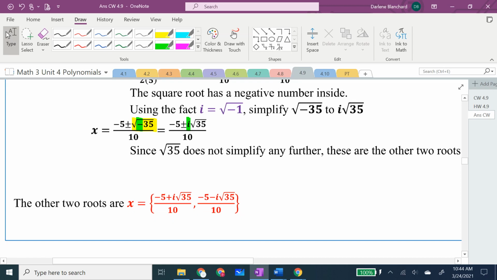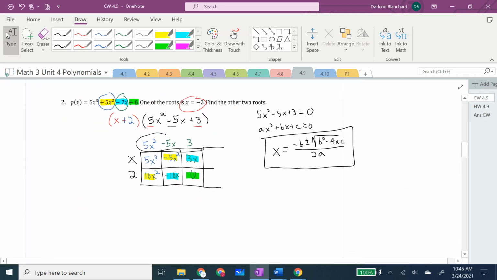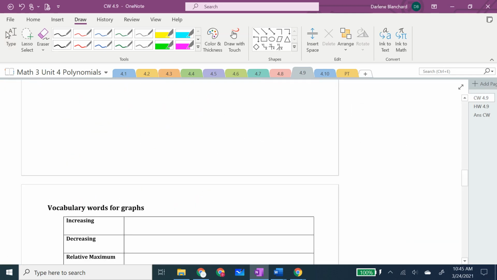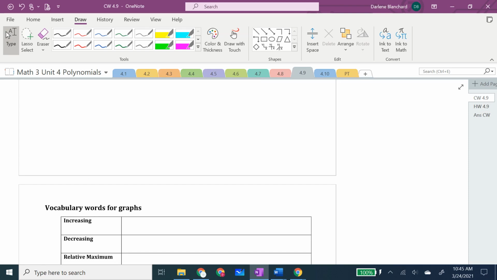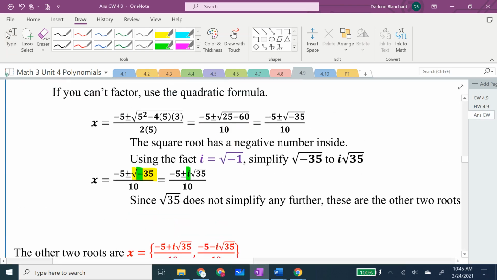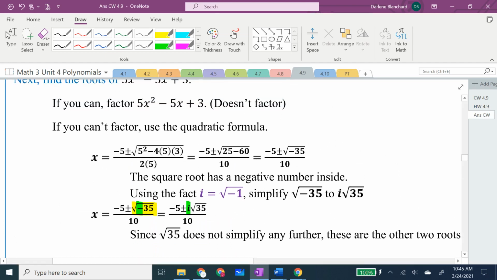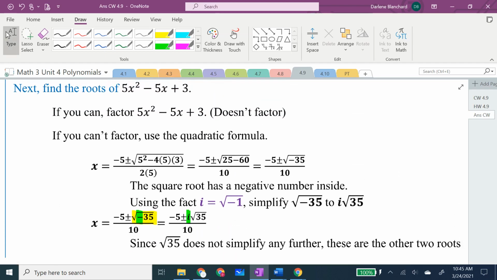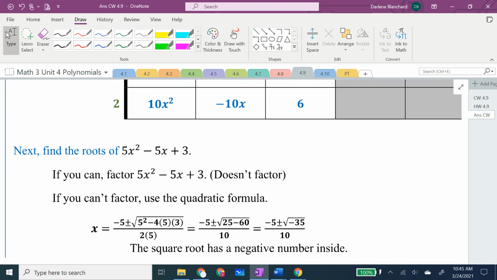Now, let's see how much I can get done in 6 minutes. When it says 5x squared minus 5x plus 3, why is it negative 5 and not a positive 5? Okay, let me see real quick.